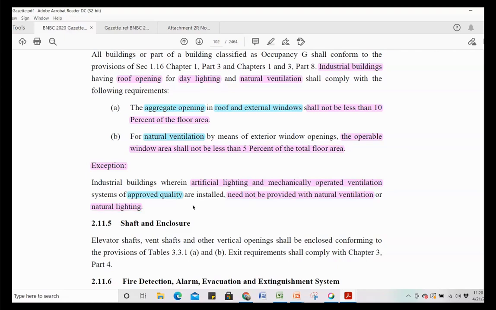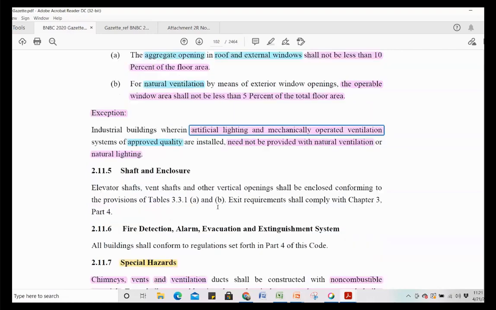So it is not mandatory for them to provide natural ventilation and natural lighting because maybe the production process needs a particular specific controlled environment of light and ventilation. So this is the situation.